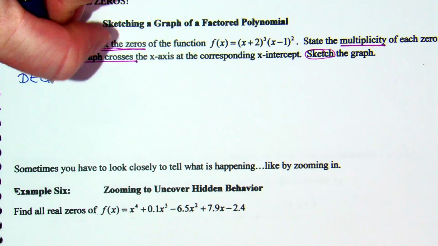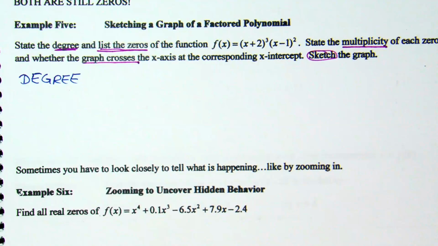Now, what do I mean by degree? The power. It's the highest power when the problem is in what form? Standard form. Okay? Now, this is not in standard form, is it? No. Standard form would be all multiplied out. Good news, you don't have to multiply it out. But look, if we multiplied this out, what would end up being the highest power? 5?